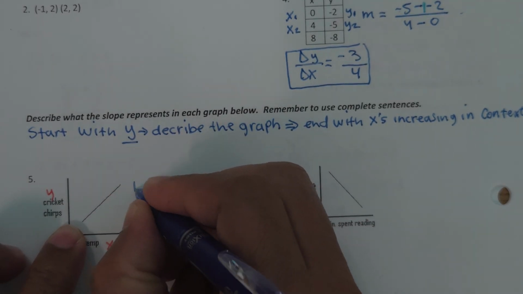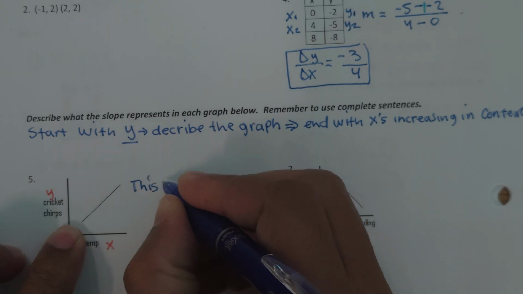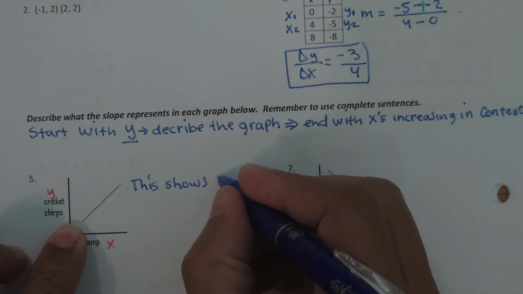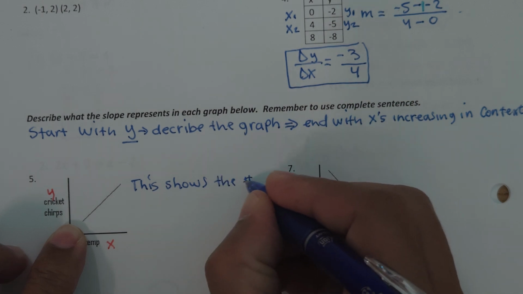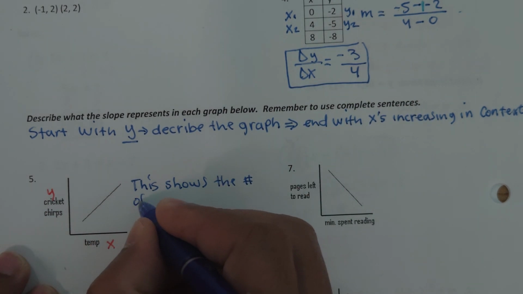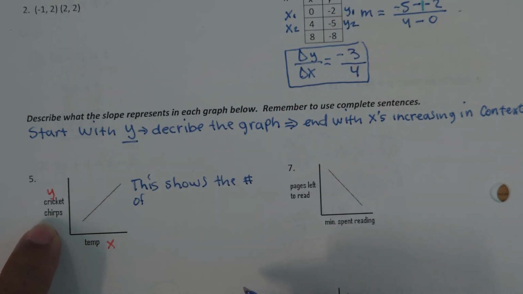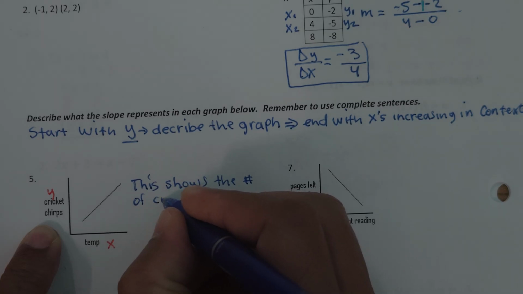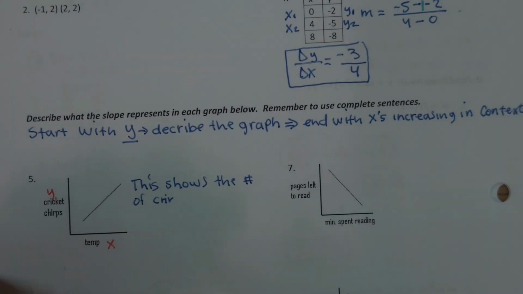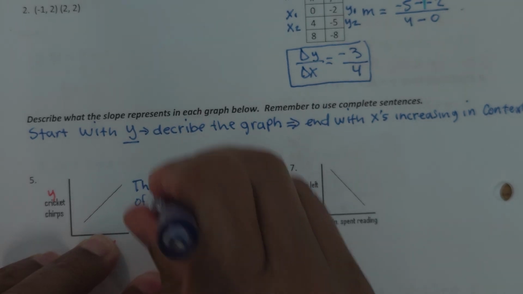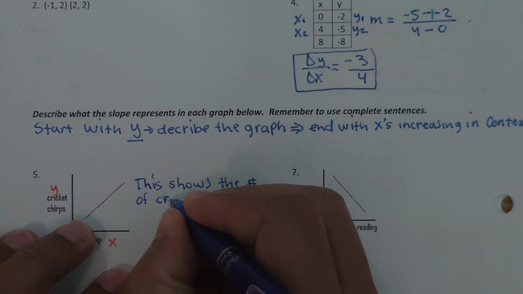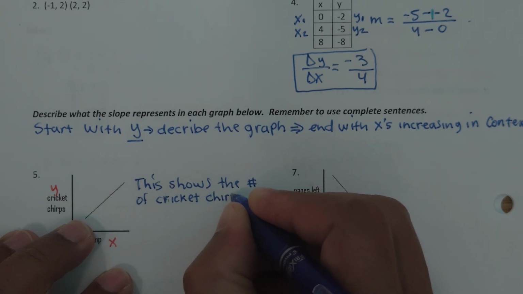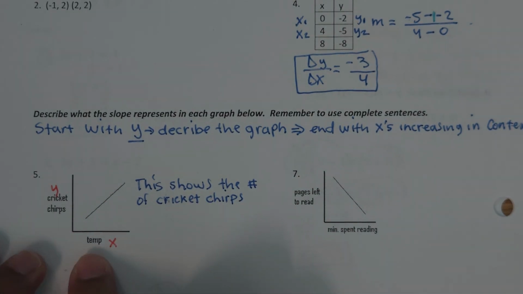This graph shows the number of what? This represents cricket chirps. So we start with y, the number of cricket chirps. What's happening to the number of cricket chirps as the temperature increases?